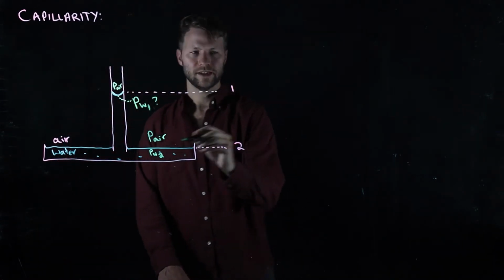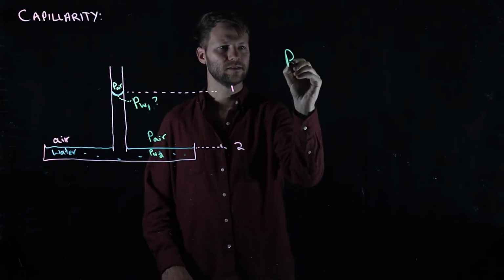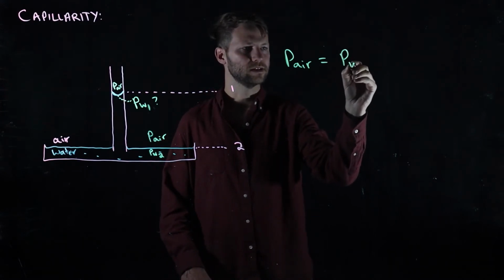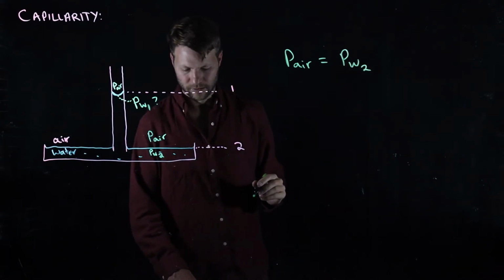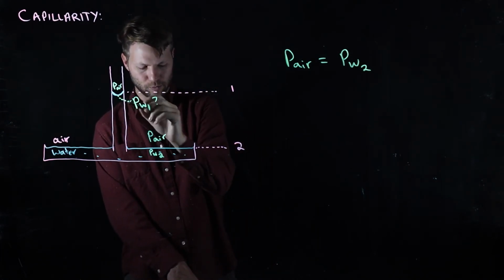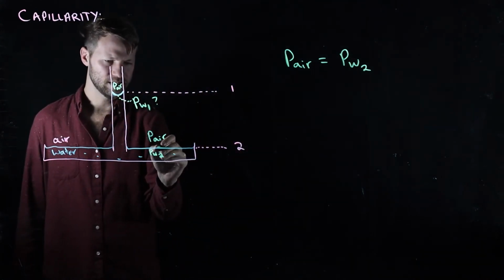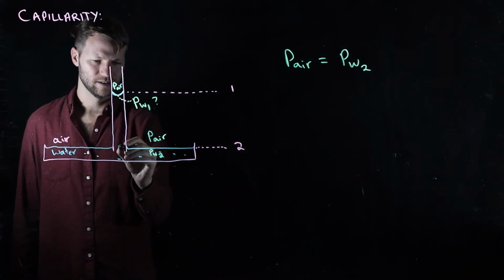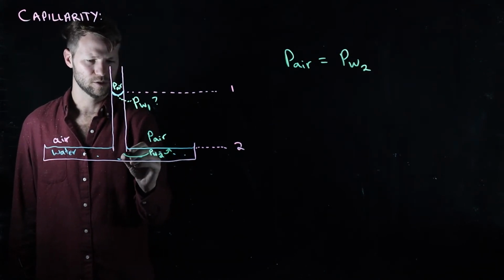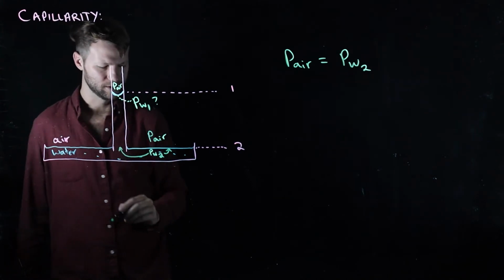Okay, so we know here, because this is a long horizontal surface, that the air pressure is basically equal to PW2. We also know that the pressure up here, PW1, because this is at the same level here, this pressure PW2 applies to this surface, but it's also applying to this point right here at the bottom of the tube inside of the water.